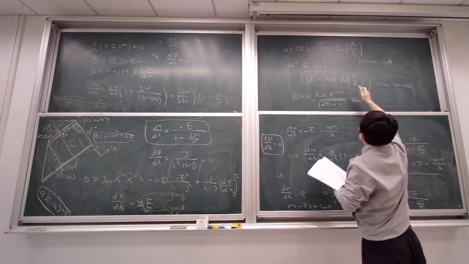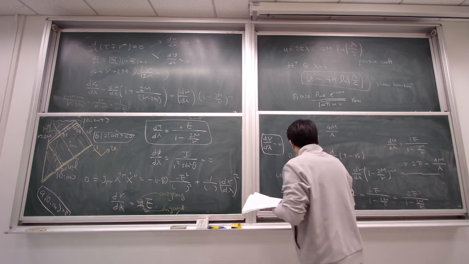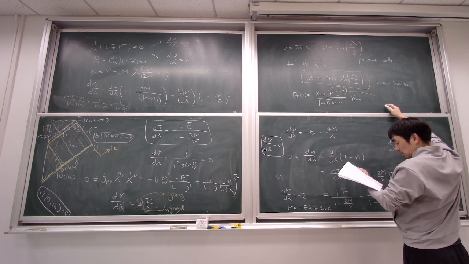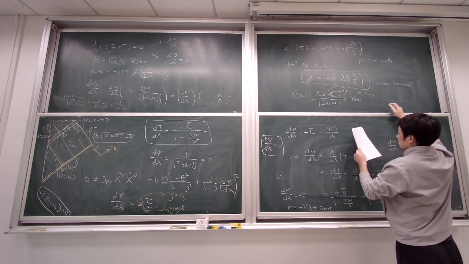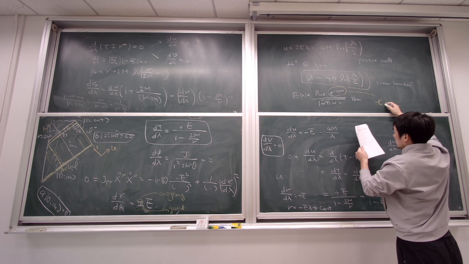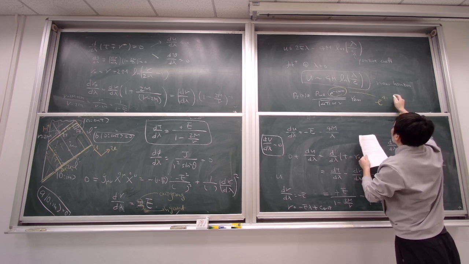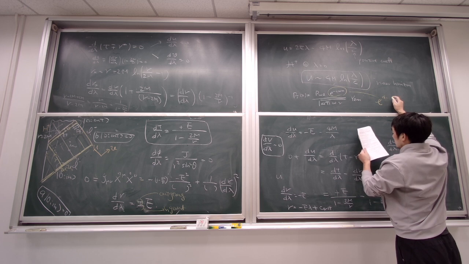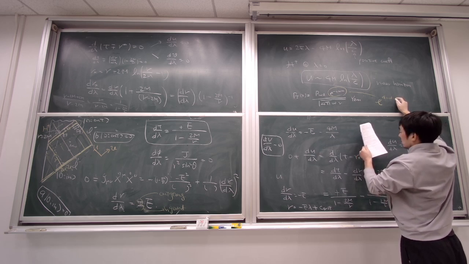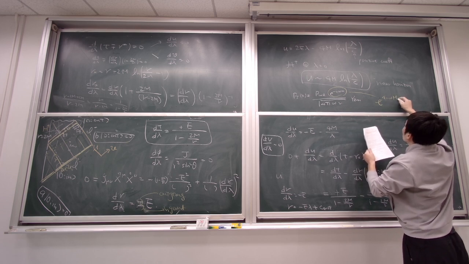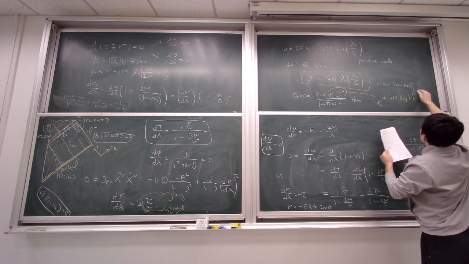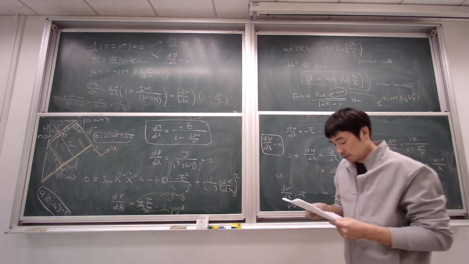You plug this in here, and this part will become e to the 4 pi omega m log lambda over c.